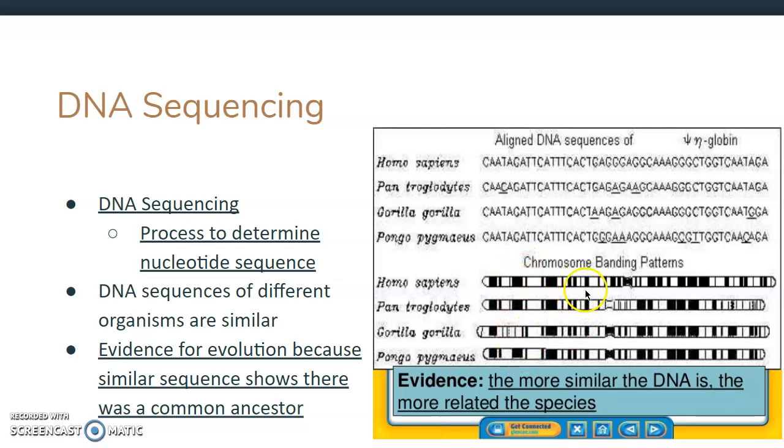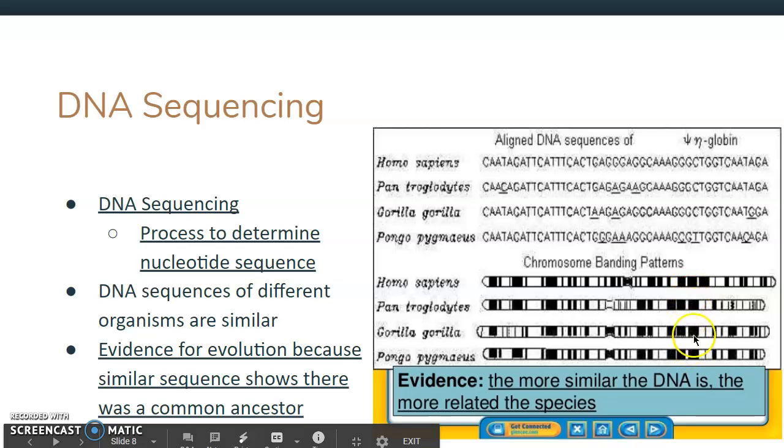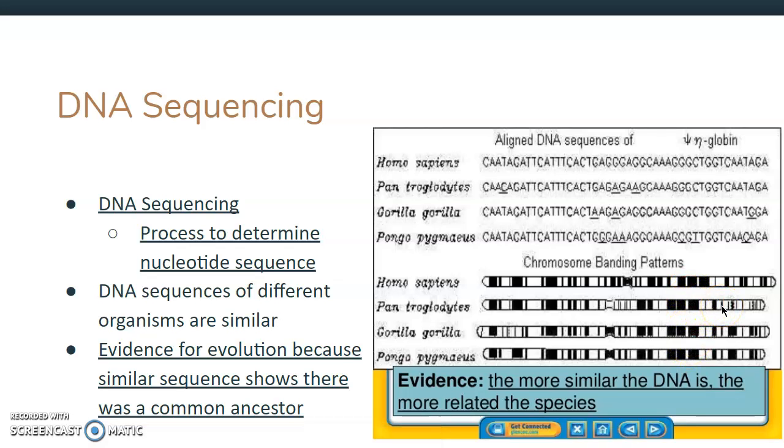So the more black, the more common DNA there is. And so we can see a lot of similarities in the same parts of this DNA sequence, which helps prove that we have evolved from monkeys on top of our other ways that we can use, such as the embryology.